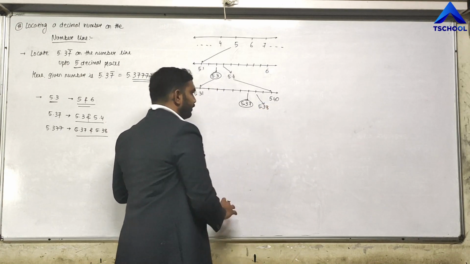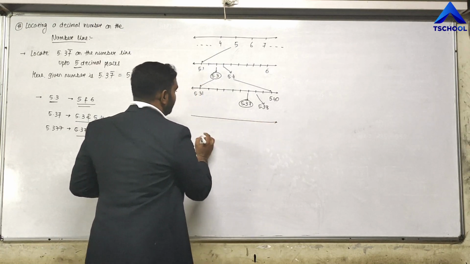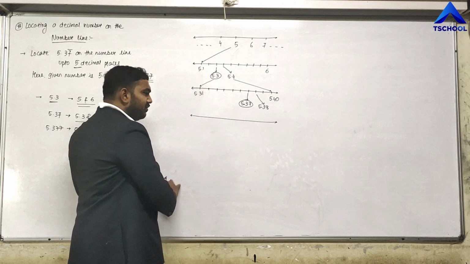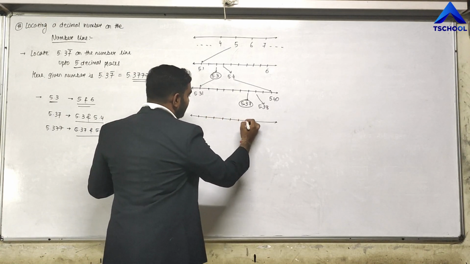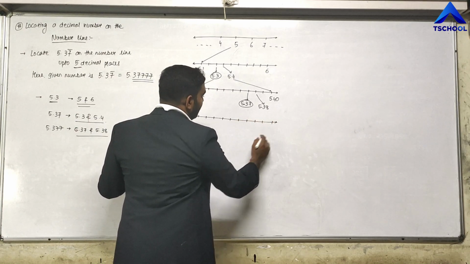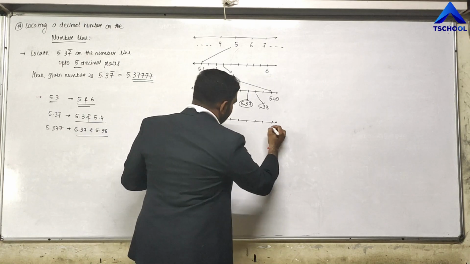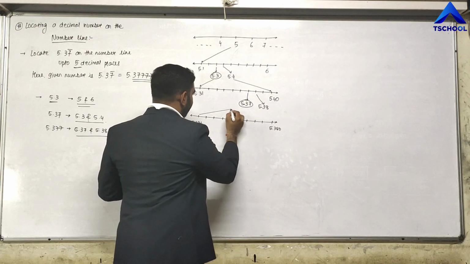So I am going to have this next point also, that is 5.38. Okay, so drawing another number line, again dividing this into 10 parts, 1, 2, 3, 4, 5, 6, 7, 8, 9 and 10. The first number will be 5.371 and the last number will be 5.380. Is it clear, friends?